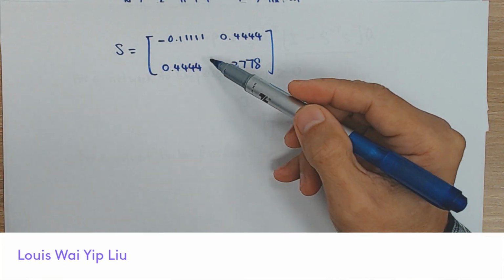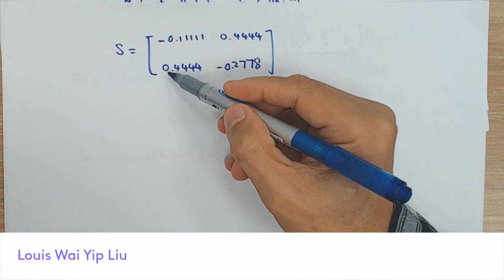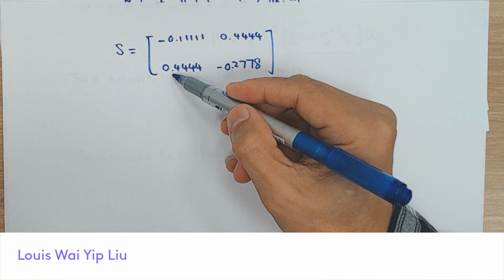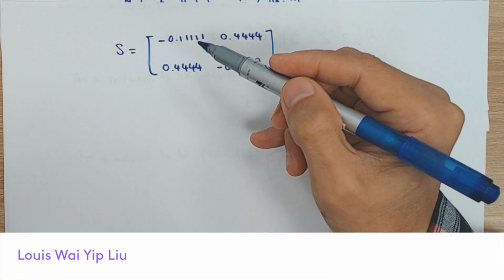Now, first of all, for a network to be reciprocal, Sij must be equal to Sji.